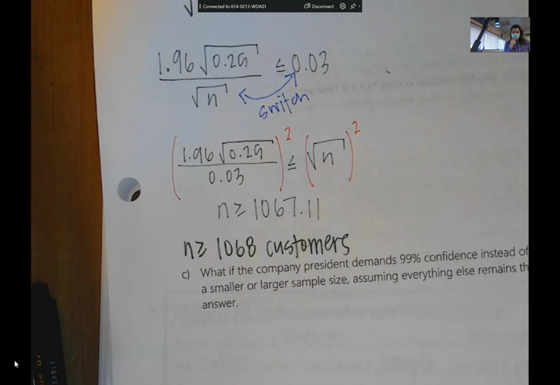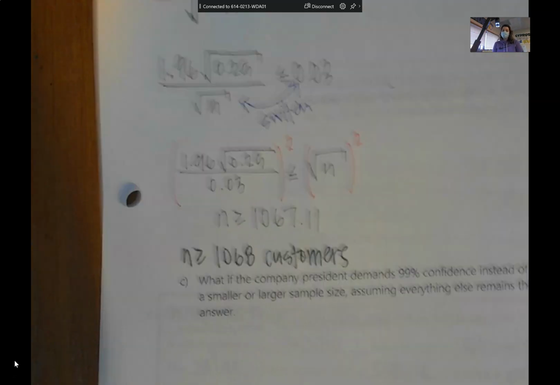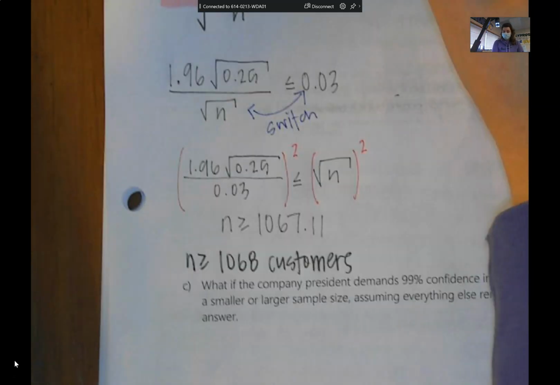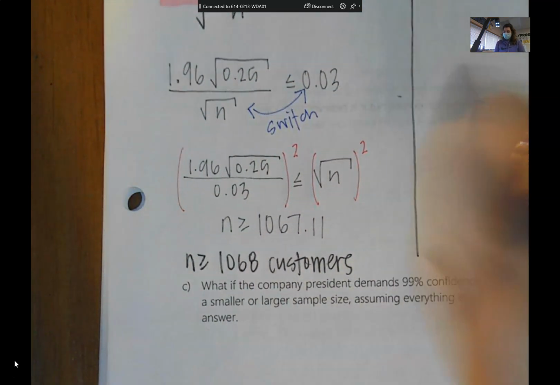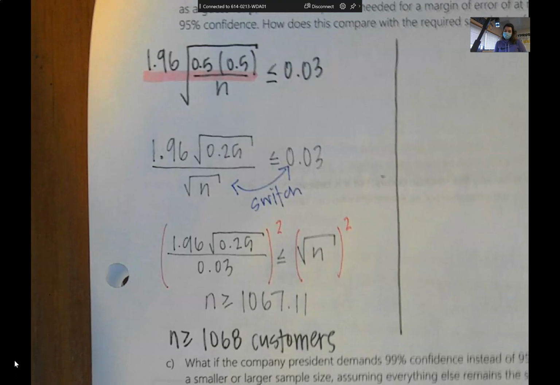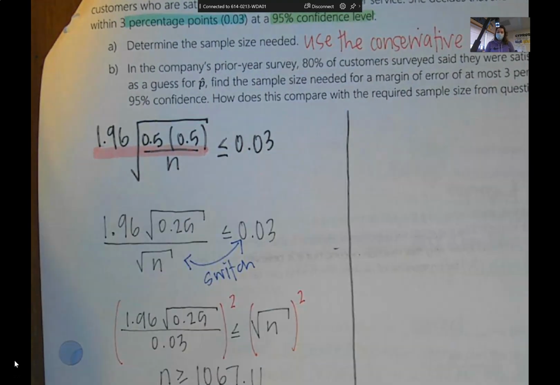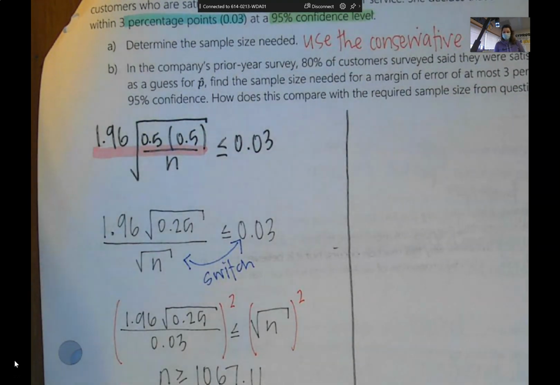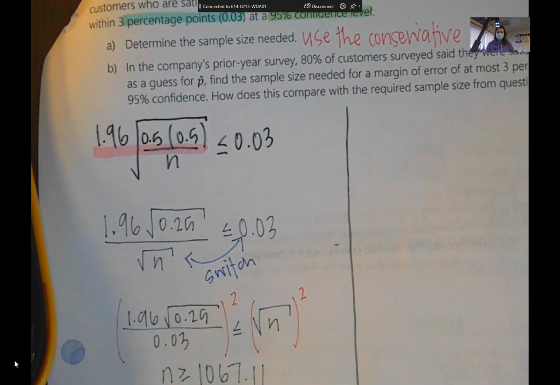Are you hanging in? Okay, so this was part A. Underneath that is part B. Part B says, in the company's prior year survey, 80% of the customers said that they were satisfied. Using this value as a guess for p hat, find the sample size needed for the same margin of error with the same level of confidence.